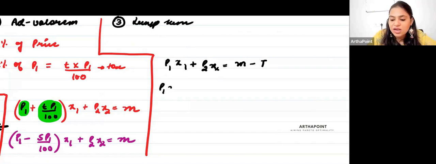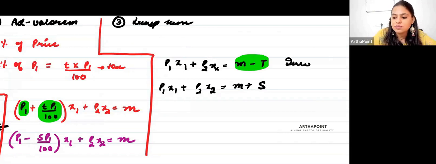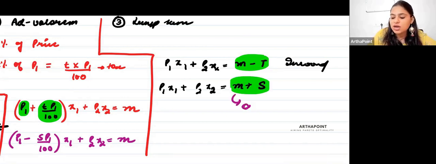And if it is a lump sum subsidy, my income will increase by the amount of subsidy. So this, because it is reducing income, will shift the budget line inward. Because this is increasing income, it will shift the budget line outwards.